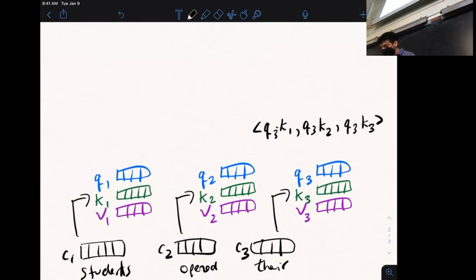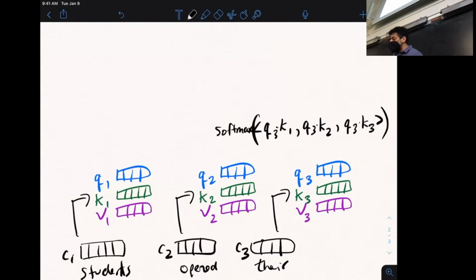So I have this, right? And these are all, let's just say, dot products for this example. Now, these are unnormalized scores, right? They could be any real number. So what do I do to convert this to an attention distribution? Yeah, so I'll just wrap a softmax around this.